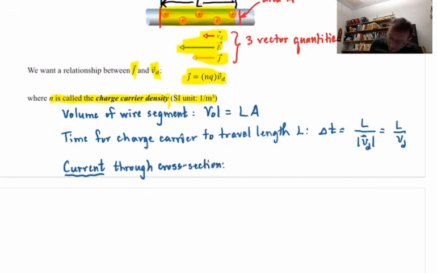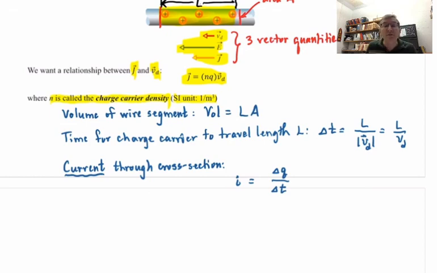Symbol would be I. Well, I'll measure the total amount of charge delta Q passing through in a time delta T. The delta T I'll use is the one I just used up above, L over V sub D, the time for a charge carrier to travel distance L.